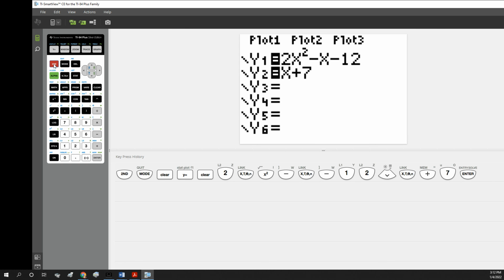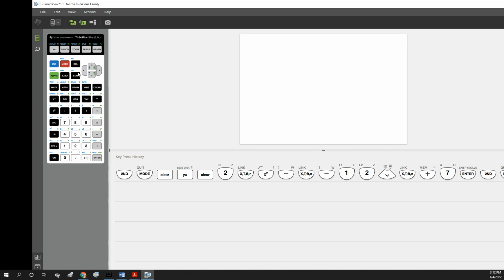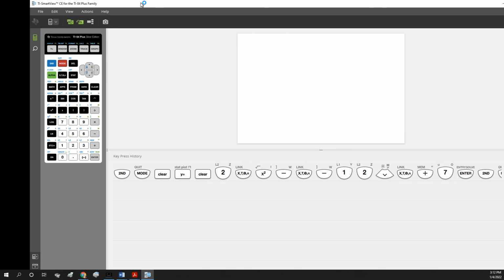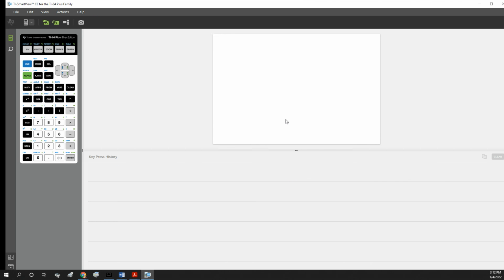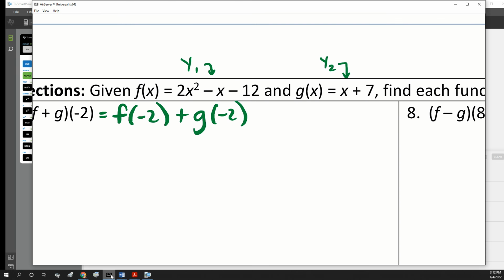So to quit, you do second mode. So go back to the original home screen. Okay. And so what we're going to do, and I'll go back and write down the steps in a second. Well, I can do it while we're doing it. Sorry. What we're going to do is get these y variables. So to get the y variables, you're going to hit alpha and then trace.